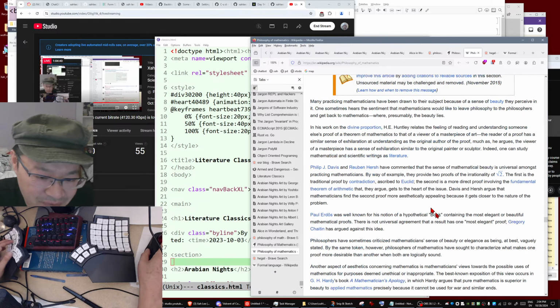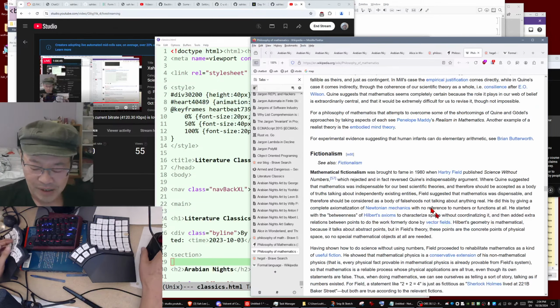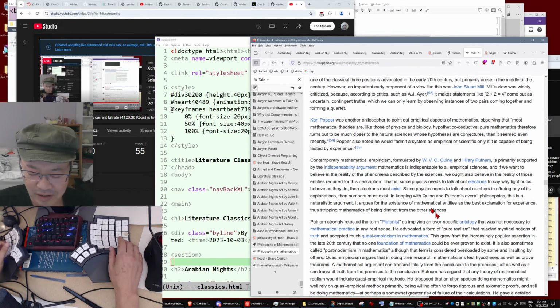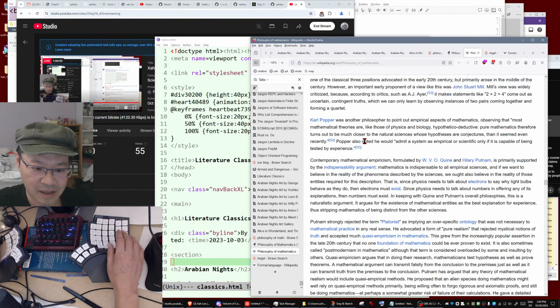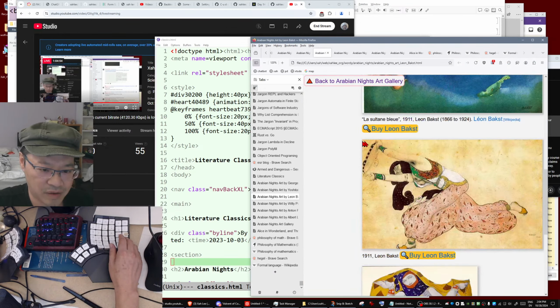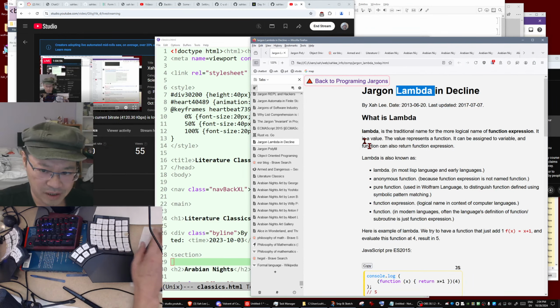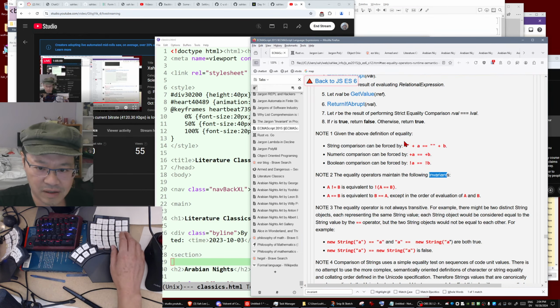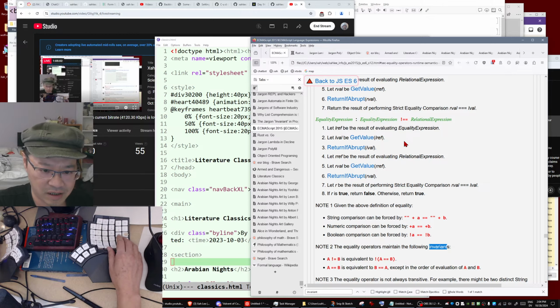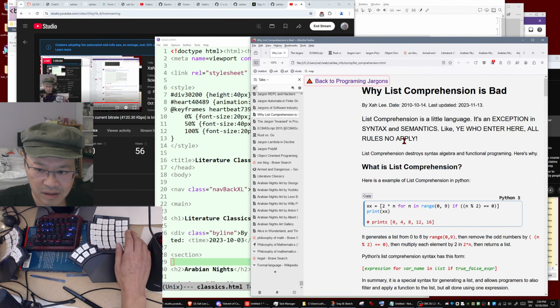So anyway, we digressed into the philosophy of mathematics, but can anyone tell me how we started to talk about that? We were talking about the jargon lambda in decline, Rust versus Go, and the jargon invariant, the jargon list comprehension.